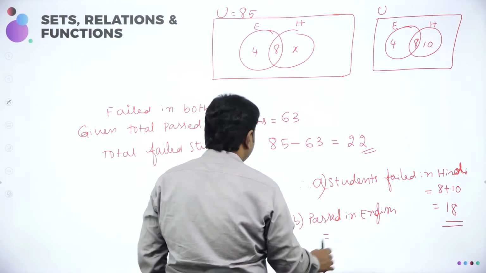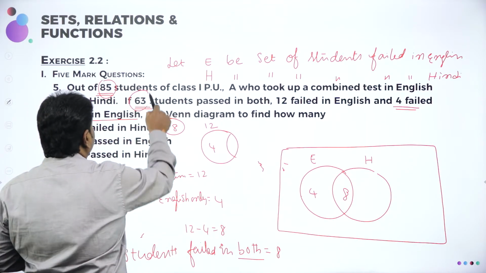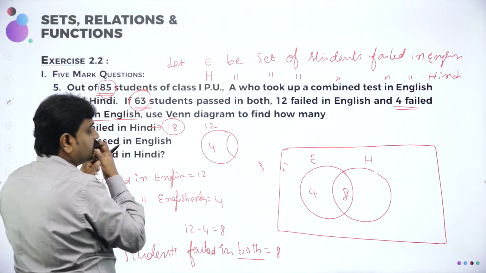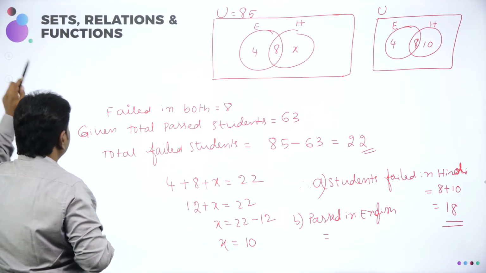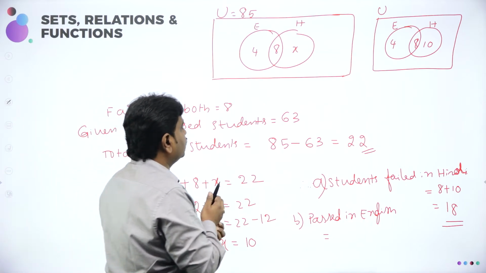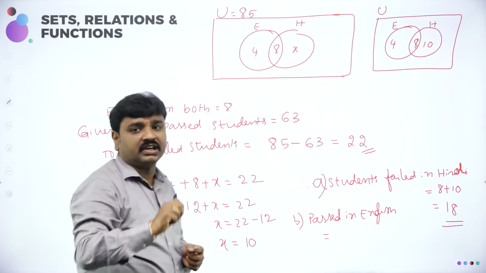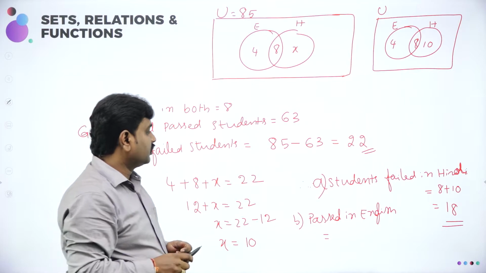Please observe, 63 are the total passed students, passed in both. In this, how many passed in English? You know failed in English. How many failed in English? 8 plus 4, 12 students failed in English.